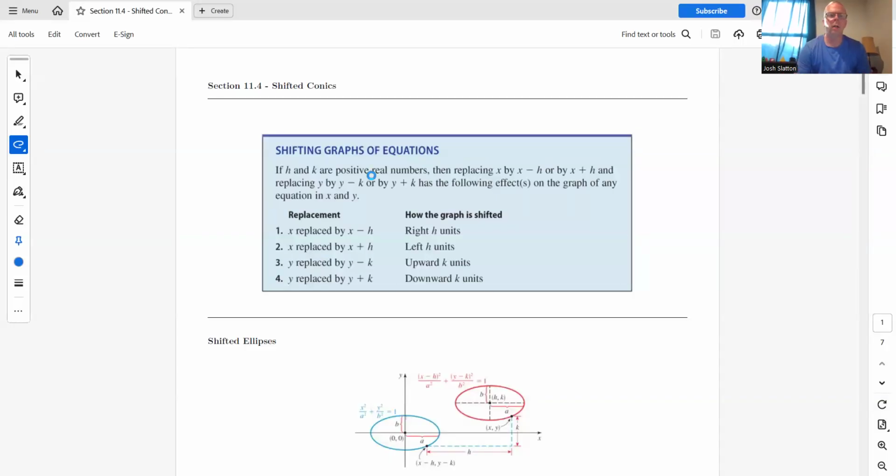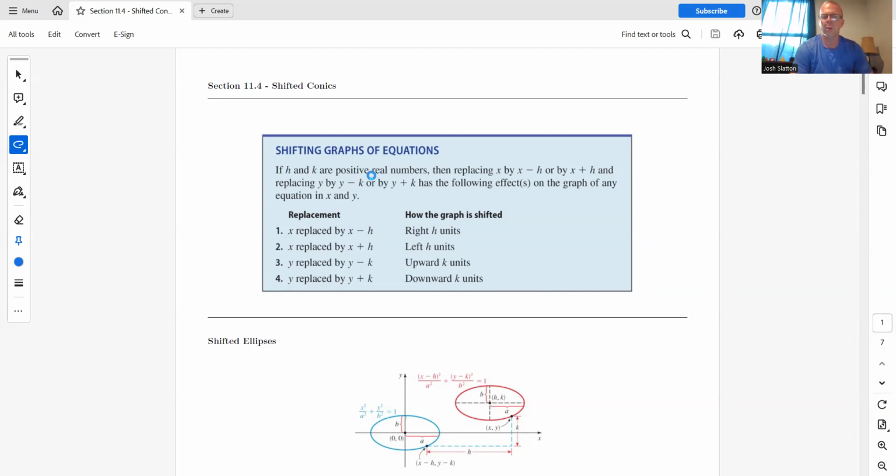All right, so last section for us in chapter 11, this is 11.4, which is on shifted conics. As far as the shifting goes, we're really just talking about horizontal and vertical shifts, at least for this section, because we've already, at least with parabolas, covered a lot of vertical and horizontal stretches.